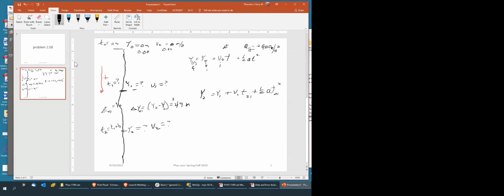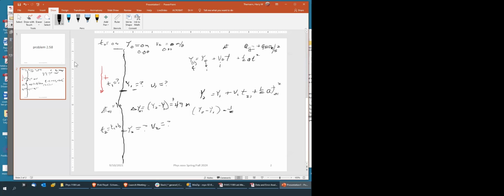And then we can rearrange this. Let me see if I made a mistake. No, I didn't. We leave the v1 on this side. So we move y2 minus y1. We'll put parentheses around that because we recognize that, right?